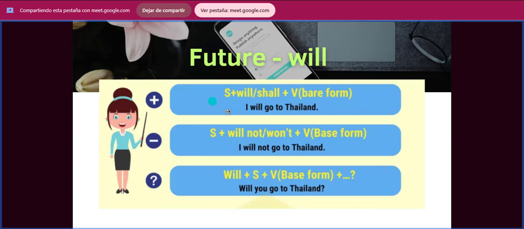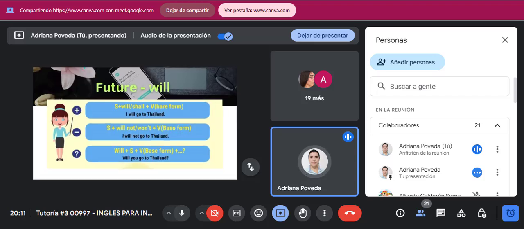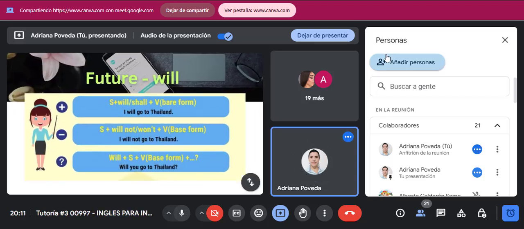As an example of the affirmative sentence with will, we can say, I'll go to Thailand. Then in the negative one, I will not go to Thailand, which is the same as saying I won't go to Thailand. And then we will have the question, will you go to Thailand?